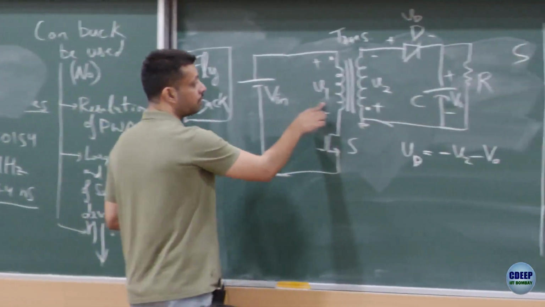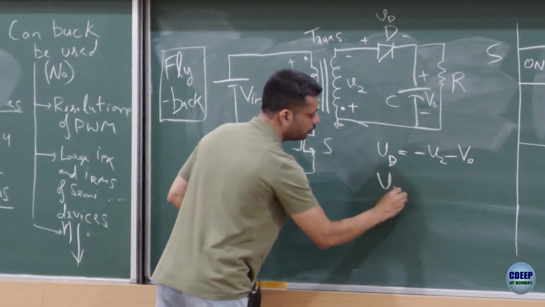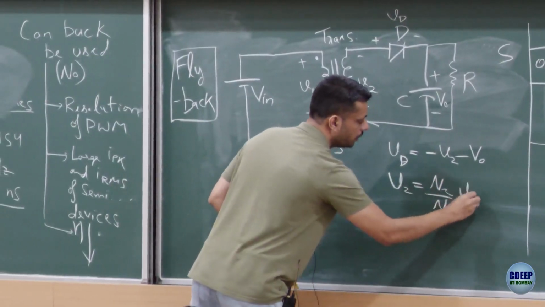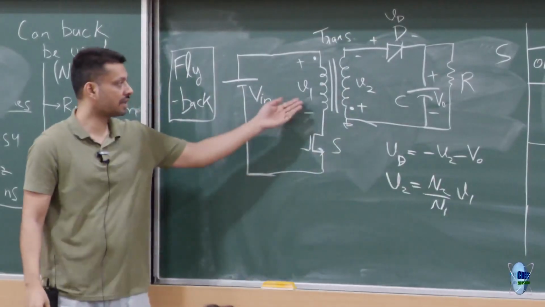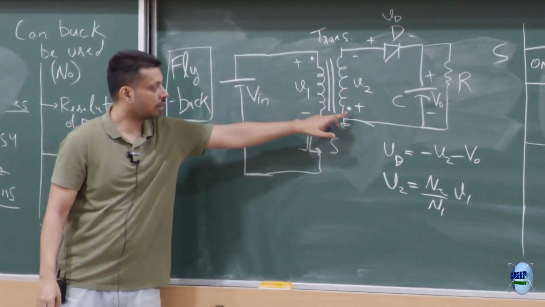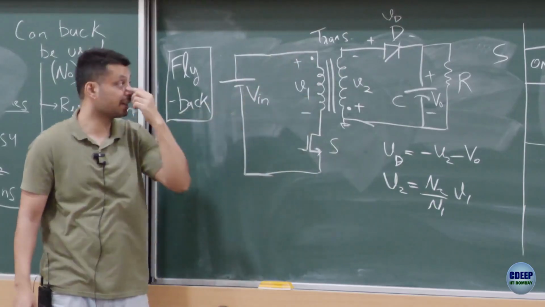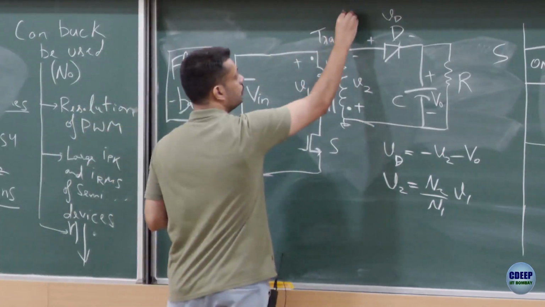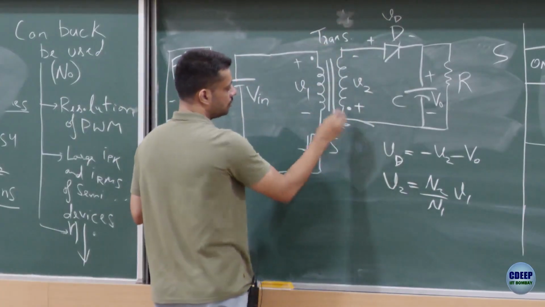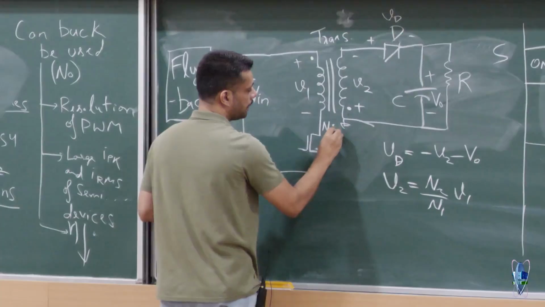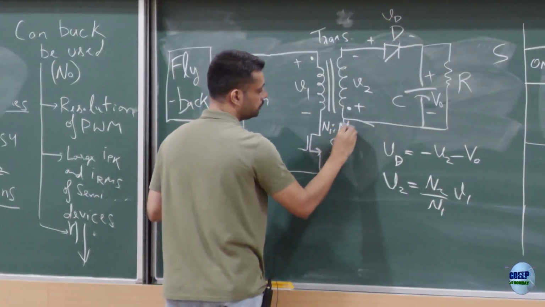I can write another equation, which is V2 equals N2 by N1 times V1, which is this transformer. So V2, the dot side positive, is equal to V1, dot side positive, multiplied by the turns ratio. The transformer has a turns ratio of N1 to N2.